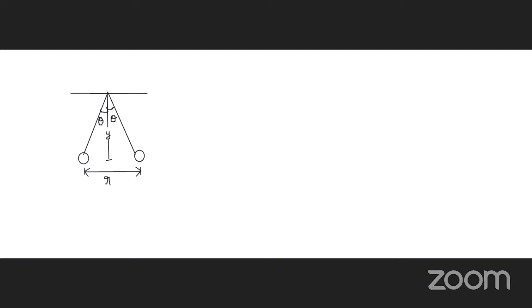Then they are clamping these two bars at half the height. That means now the height will be y by 2. So y by 2 means half the height, so that the equilibrium separation distance changes now.